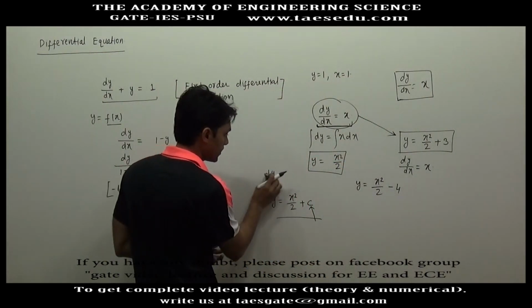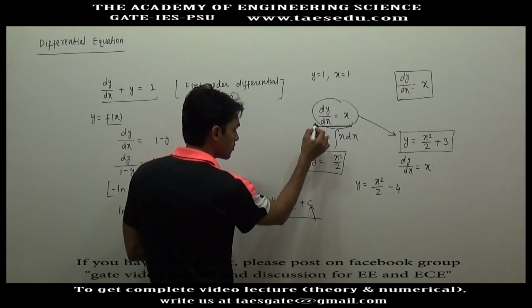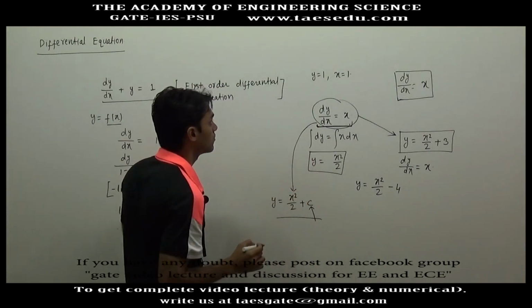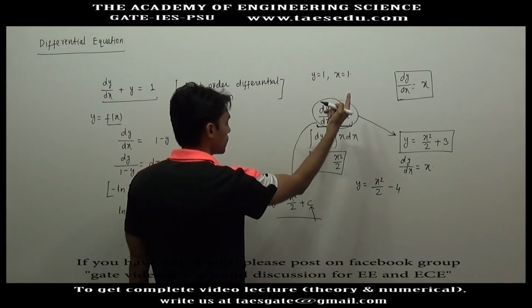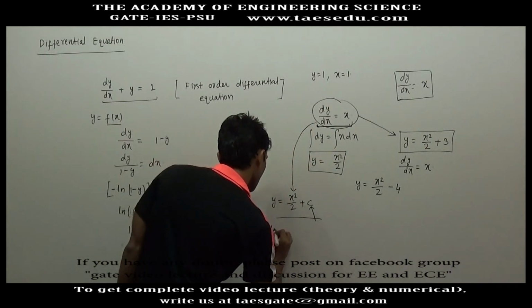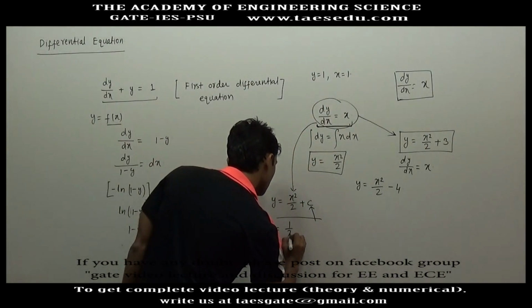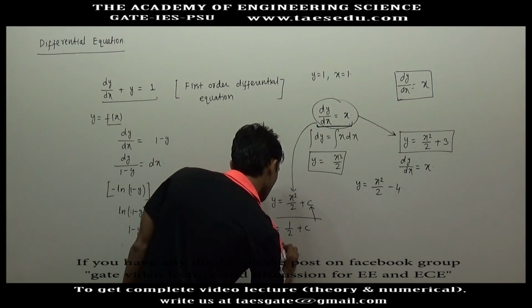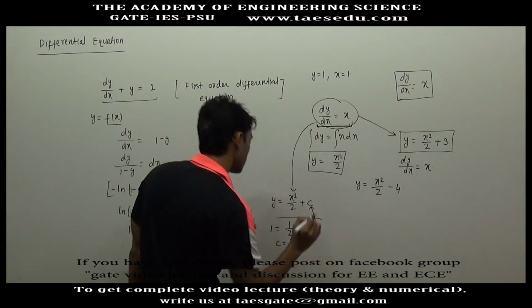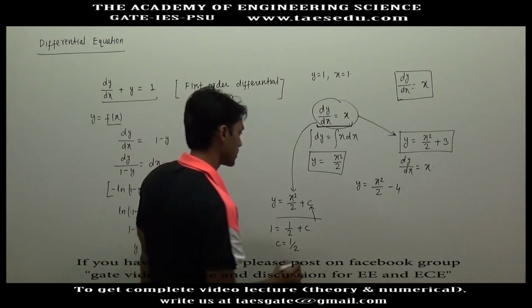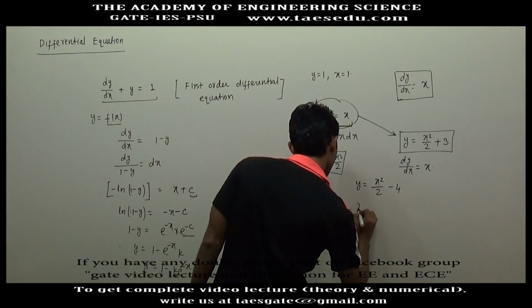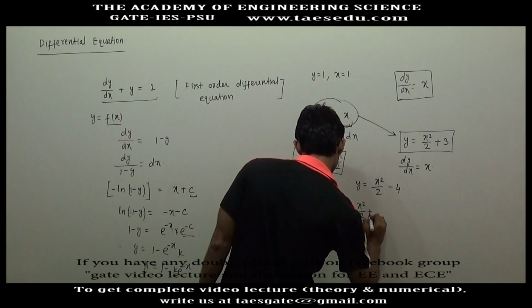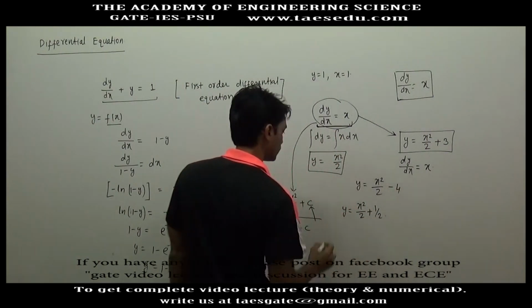So first you will find a family of solutions from here. Now you will say when x equal to 1, y is equal to 1. So 1 equals 1 by 2 plus c. So in this case c will be 1 by 2 and the complete solution will be y equal to x square by 2 plus 1 by 2.